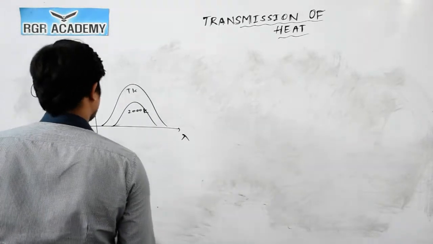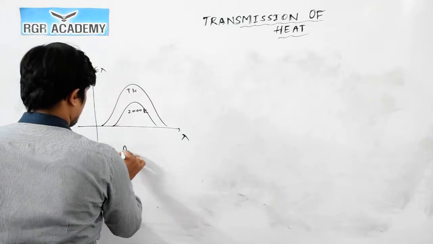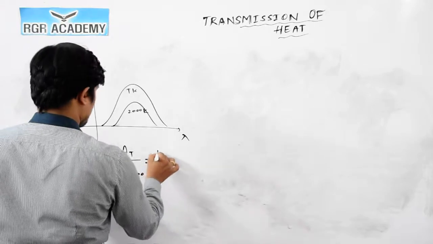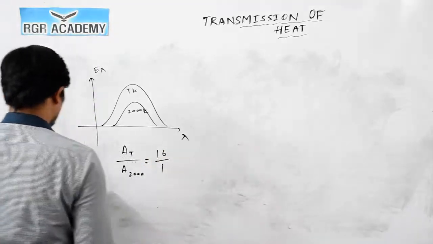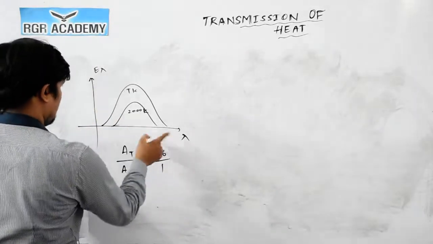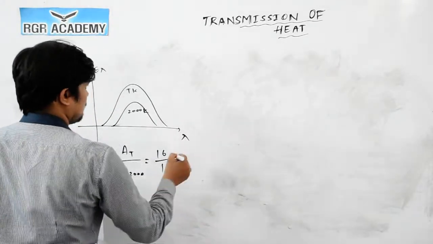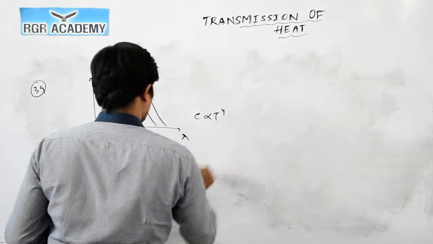So we can write it as 16/1. The area under this E lambda curve represents the emissive power of the body, so that is proportional to temperature to the power 4.